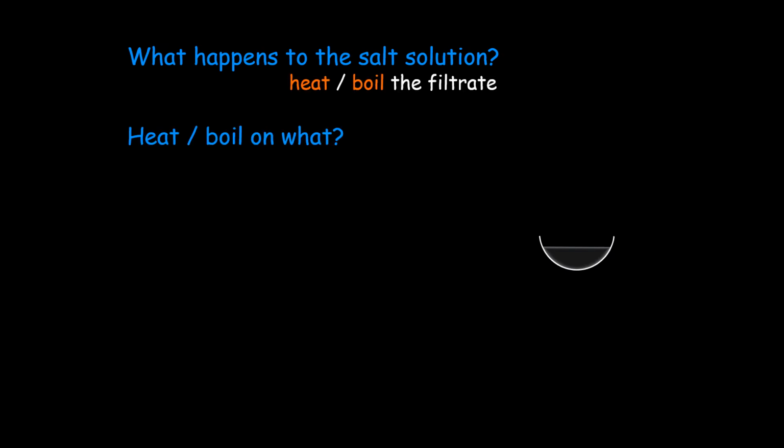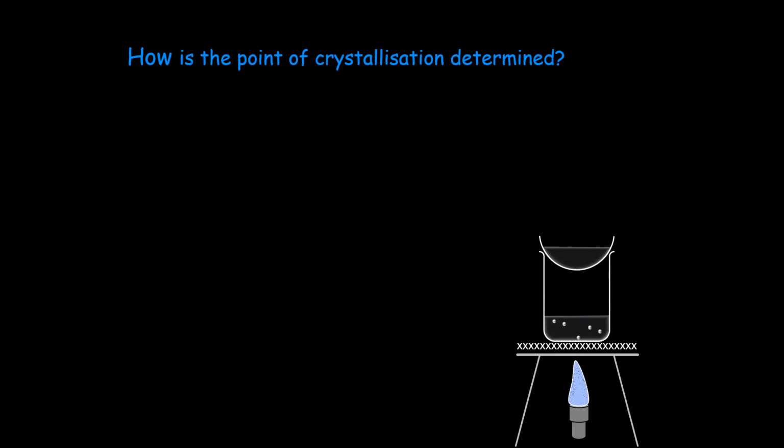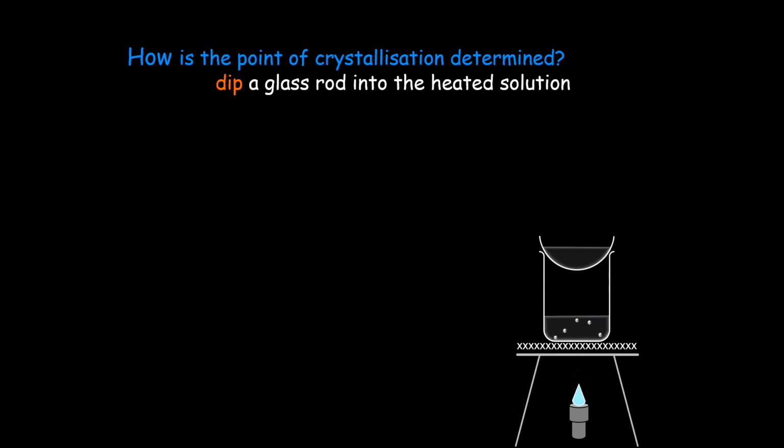We heat or boil the filtrate on a steam bath, and we heat it until the crystallization point. Now the crystallization point is determined by dipping a glass rod into the heated solution.